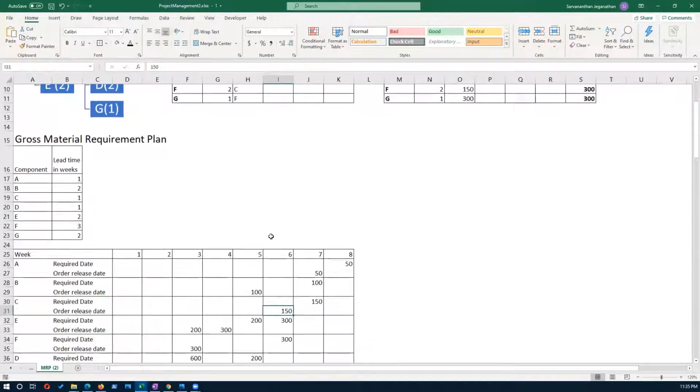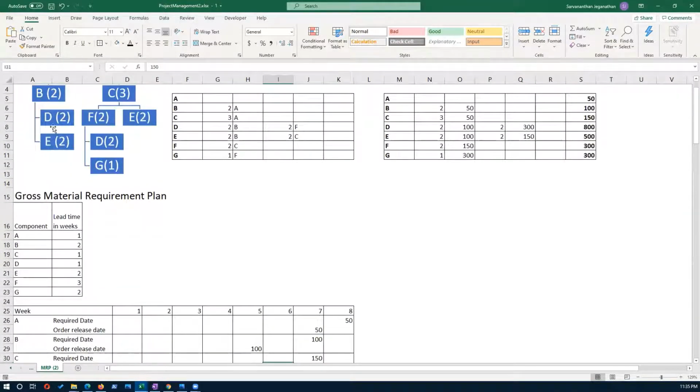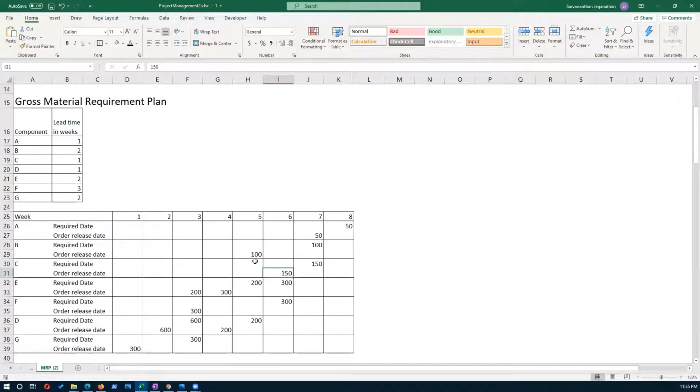B is also made up of D. So since we need B here, we need 200 units of E and 200 units of D, and D has a lead time of 1 week, so we have to order it on week 4.